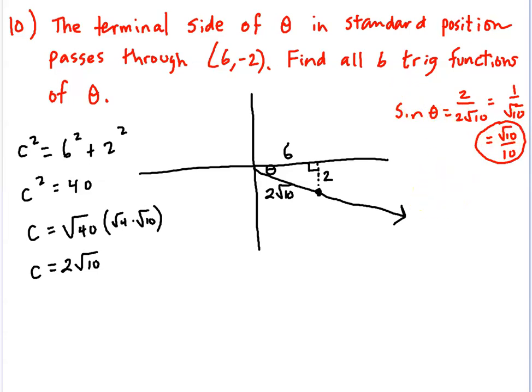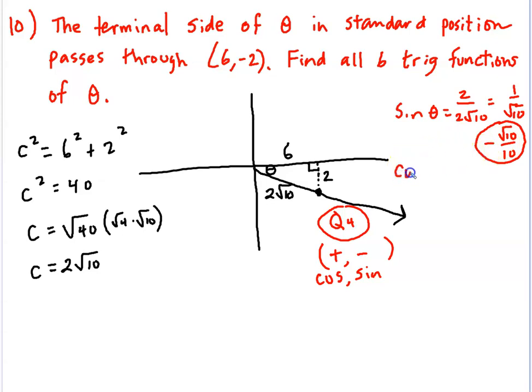The only thing you have to worry about with sine, and I've got to slow down just a little bit, is to remember that you're in quadrant 4. And in quadrant 4, the x-coordinate is positive and the y-coordinate is negative. The x-coordinate always relates to cosine and the y-coordinate always relates to sine. So in quadrant 4, sine is negative. Sometimes it's easy to come up with the ratios and then forget which quadrant you're actually in, and that's going to affect the sign of your answer.